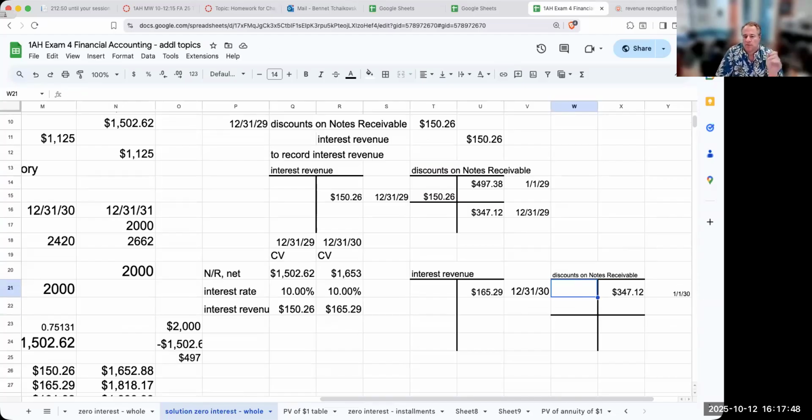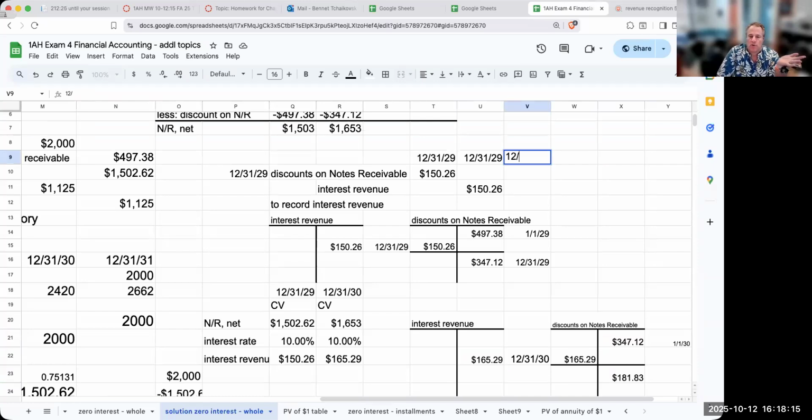So over here, I'll make this a little bit cleaner. For 12/31/30, I'm amortizing this by 165.29. So my ending balance on my discount on notes receivable is now going to be 181.83 at the end of the period. So I'm going to come over here to 12/31/30 and record interest revenue of 165.29.